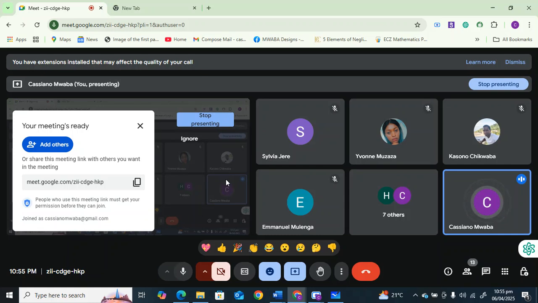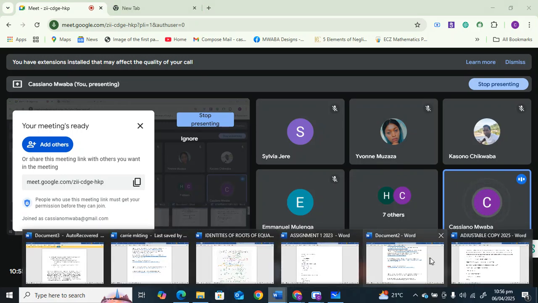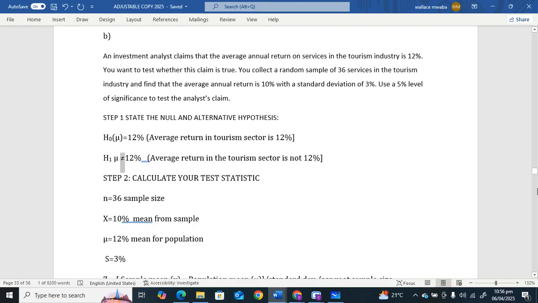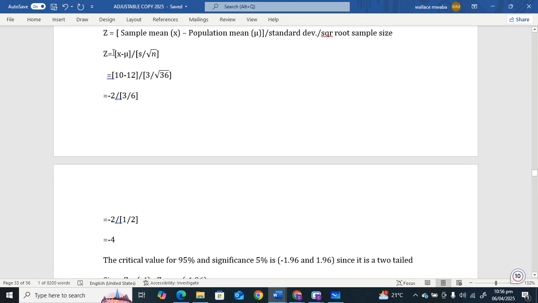After you get your null and your alternative hypothesis, step two, you get your test statistic, using the formula we used here. You calculate your test statistic.